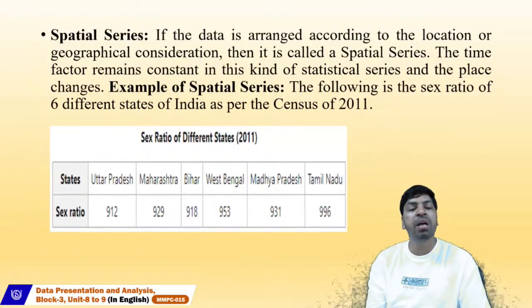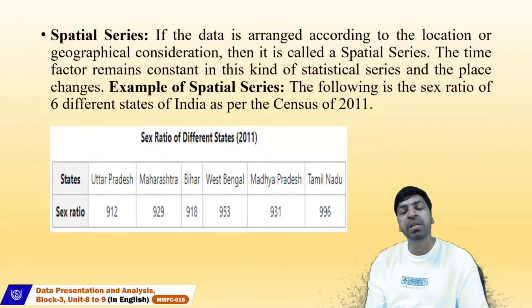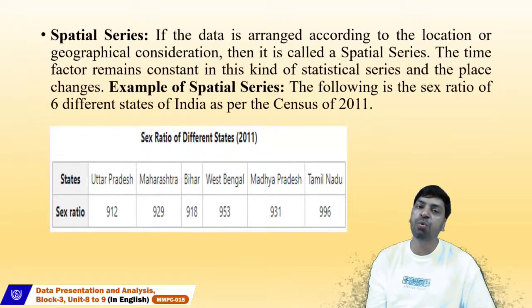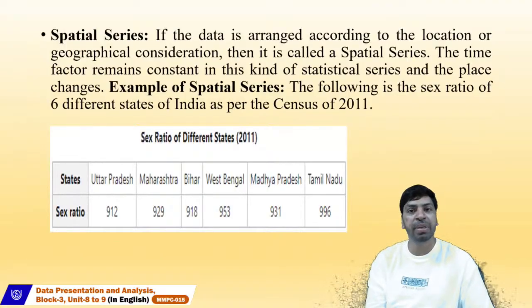It's 912, 929, and so on till you can see Tamil Nadu is 996. So the data is consistently increasing in the respective states shown in the tabular form.